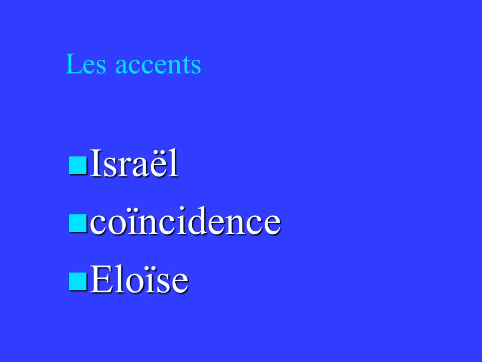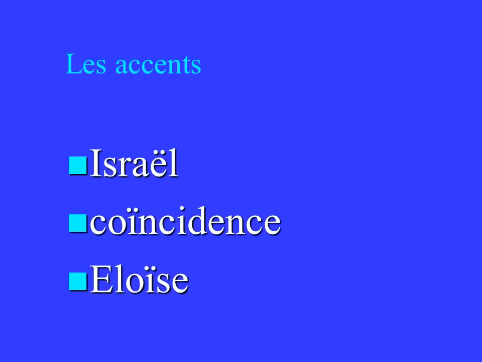So these 3 words should be familiar to you. If we pronounce Madame's last name, Israël, the proper French way, it's Yisrael. We're separating the A and the E. And the next word, pronounced almost the same in French and in English. In French, coïncidence.